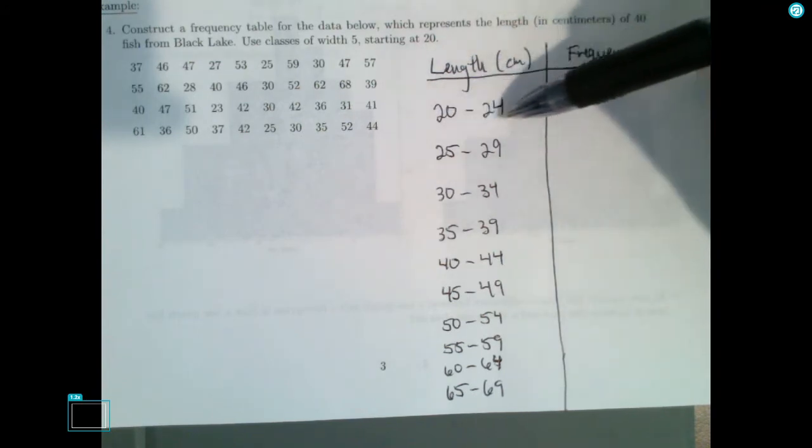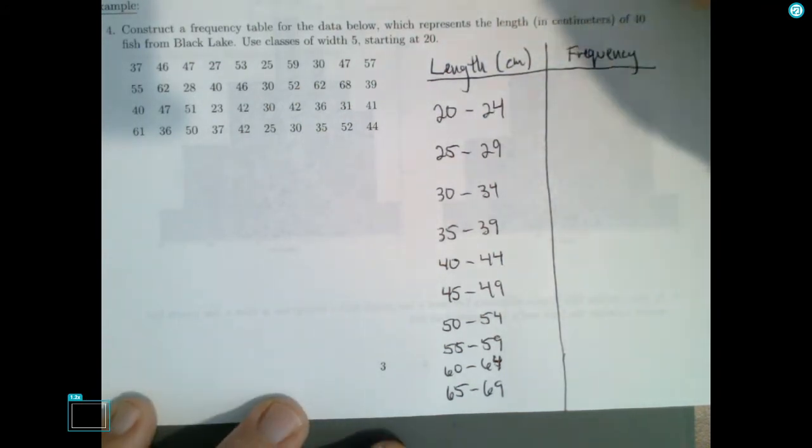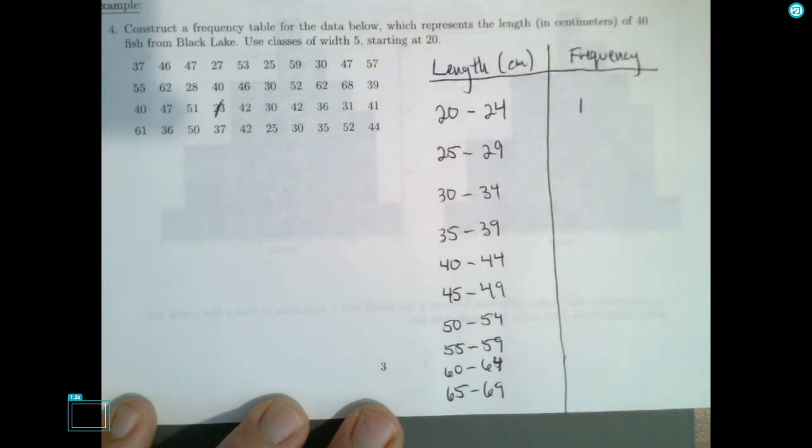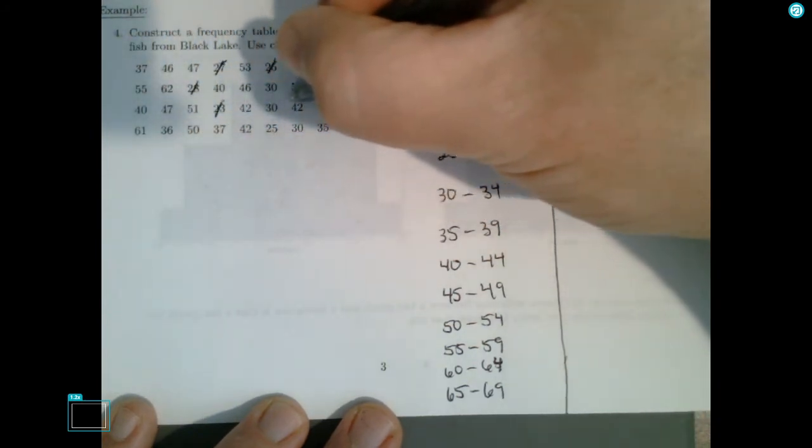So how many fish are between 20 and 24 centimeters? Well, let's see. I'm looking for the numbers between 20 and 24. So there's one. So just one. Next one, I'm looking for numbers between 25 and 29. 1, 2, 3, 4.